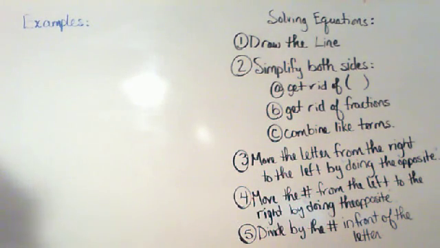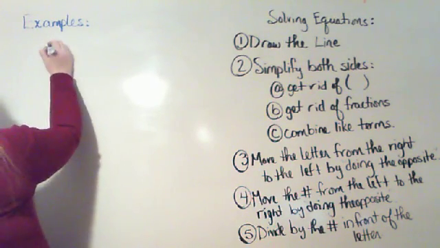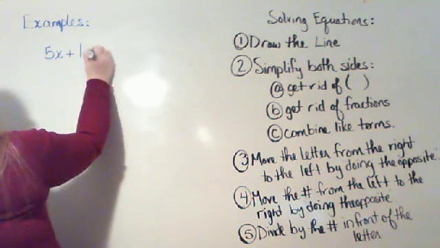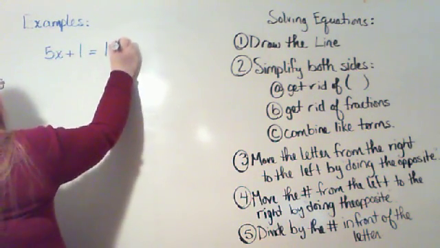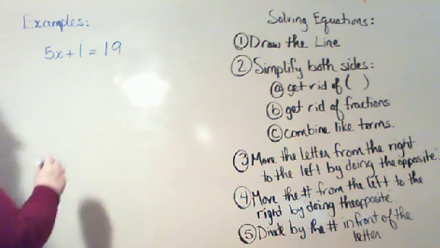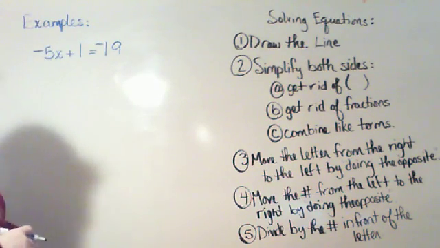Actually, technically, Aunt Jo will when she gets there, but your mommy will have them when we do this permanently. So 5x plus 1 equals 19. Oh, negative 5x plus 1 equals 19.